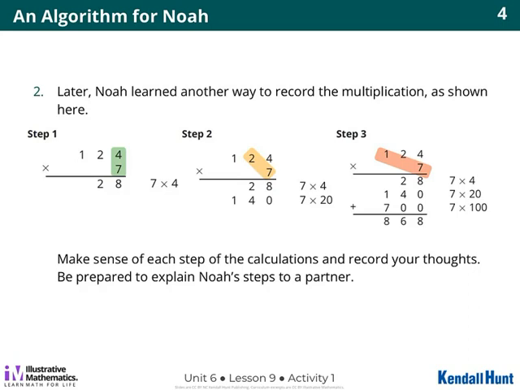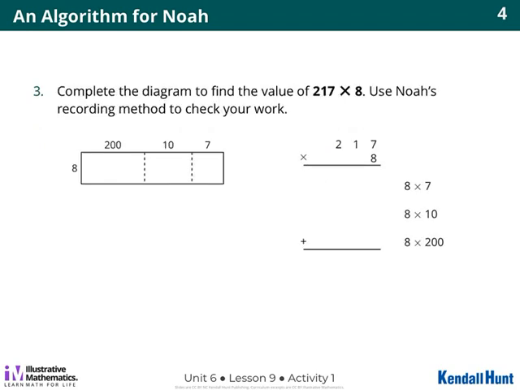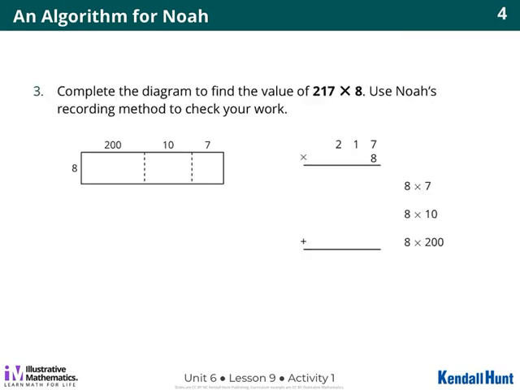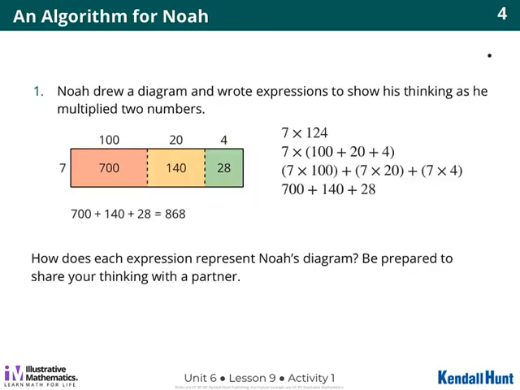Because in question 2, you're going to figure out his strategy. And question 3, you're going to try it on your own. When we synthesize, I will go over how to do Noah's strategy, okay? All right, 10-ish minutes, work with your math partner, and meet me back here.